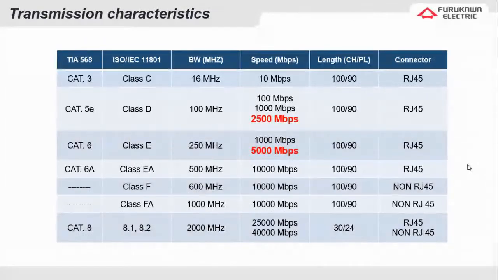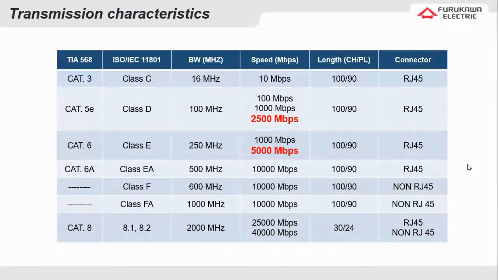Moving on, CAT.6A is capable of supporting data transfer rates of up to 10 gigabits per second at a maximum bandwidth of 500 megahertz, and this is probably one of the main arguments in favor of installing CAT.6A infrastructure because it will make your network future-proof.